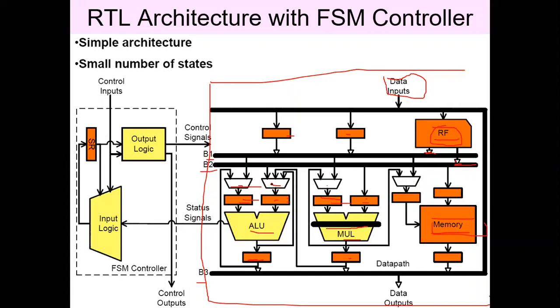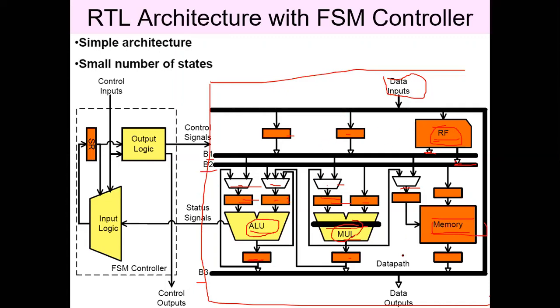Similarly, here also there is a multiplexer. For this multiplier also there is a multiplexer, and for memory also, if you have different sources for the input to that memory, we can use a multiplexer. So this is the data path. In the data path we will have different functional units, that is ALU or multiplier, and different registers.